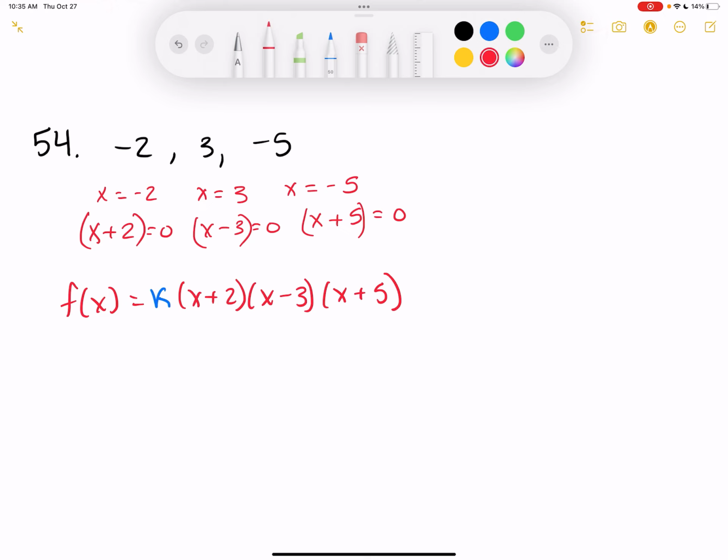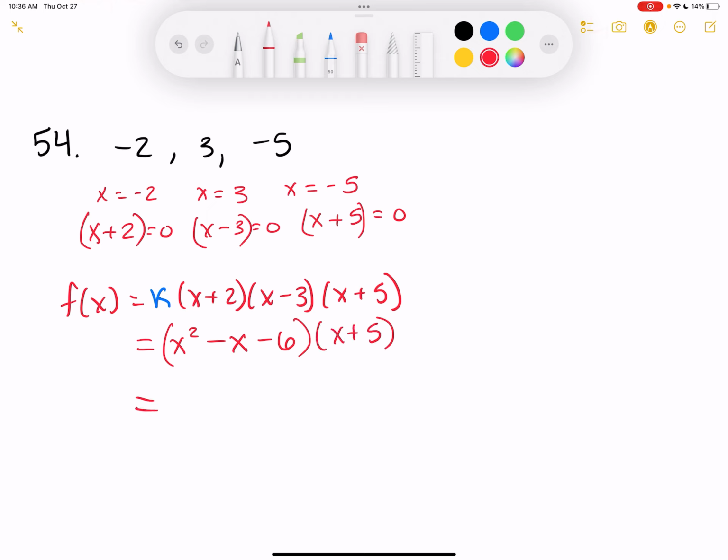So then we just need to multiply this out. I'm not going to keep copying down the K; I'm just showing you that it could theoretically be there. So we've got x squared plus 2x, or well, I'm going to just write this all as one thing: x squared minus x minus 6 times x plus 5.